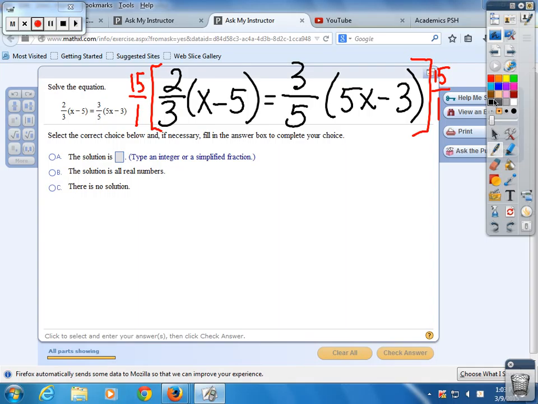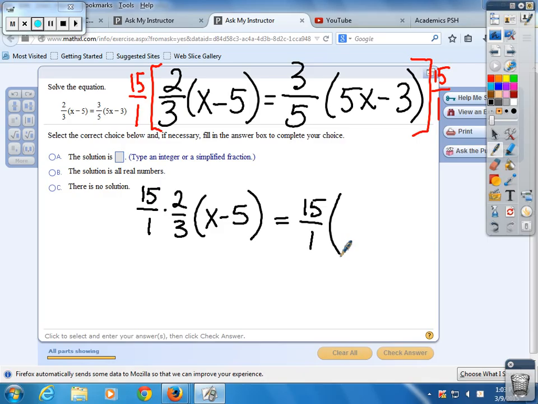All right. So multiply the 15 over 1 times 2/3 x minus 5. I'm putting a baby step in here. Equals 15 over 1 times 3/5 times 5x minus 3.